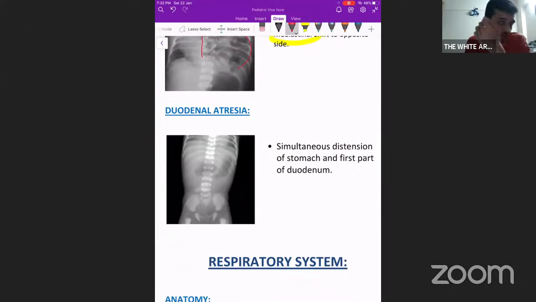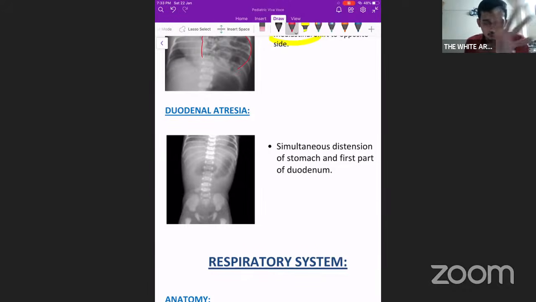What all can be the causes for duodenal obstruction in a newborn? One is duodenal atresia, or you can have the pancreas rolling up over the duodenum, which is causing the obstruction of the duodenum, correct? Then you can have CHPS, which can appear as duodenal atresia. So there are many causes of duodenal obstruction, one of the causes being duodenal atresia.